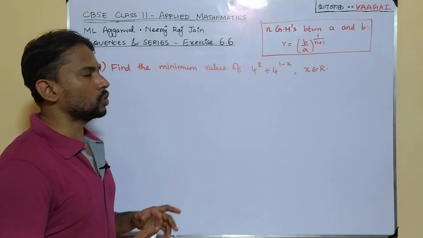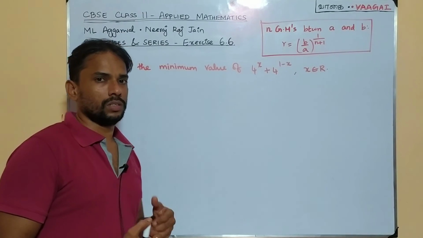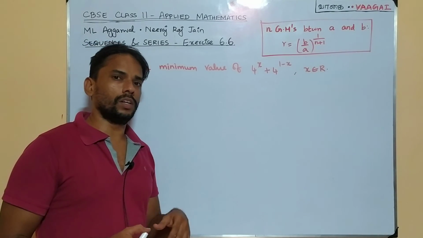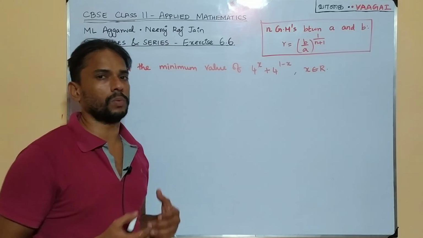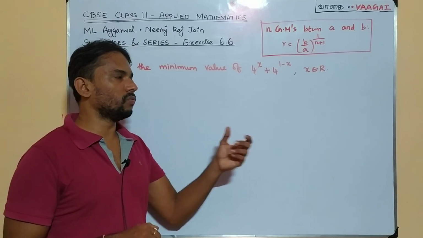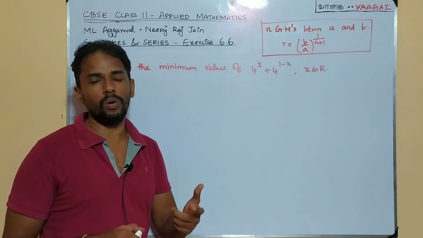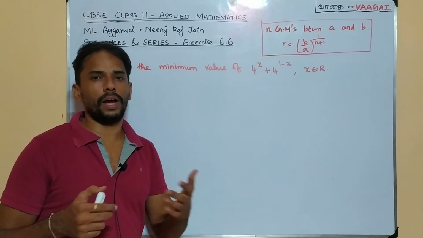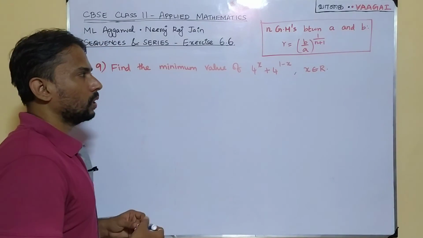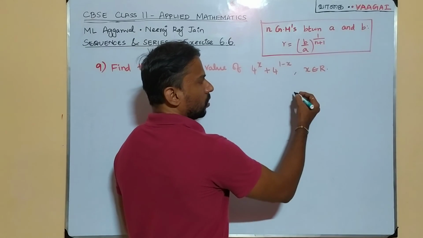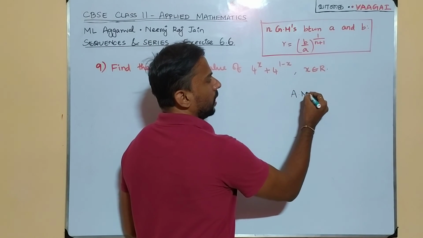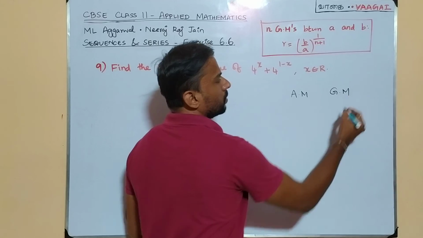So the question appears to be out of this concept, but still it is relevant to this concept only. This question follows from a very simple idea about the relationship between AM and GM of two numbers. At the beginning itself we saw something, right? We saw about AM and GM. What is the relation between AM and GM?